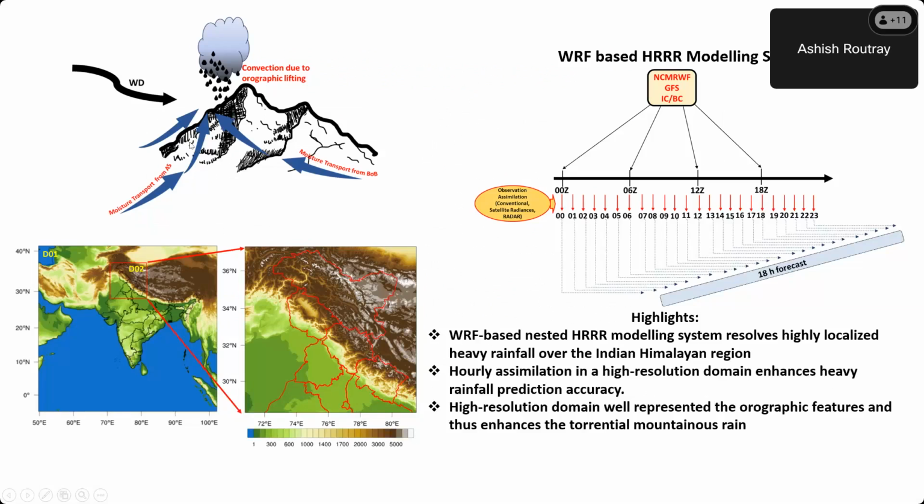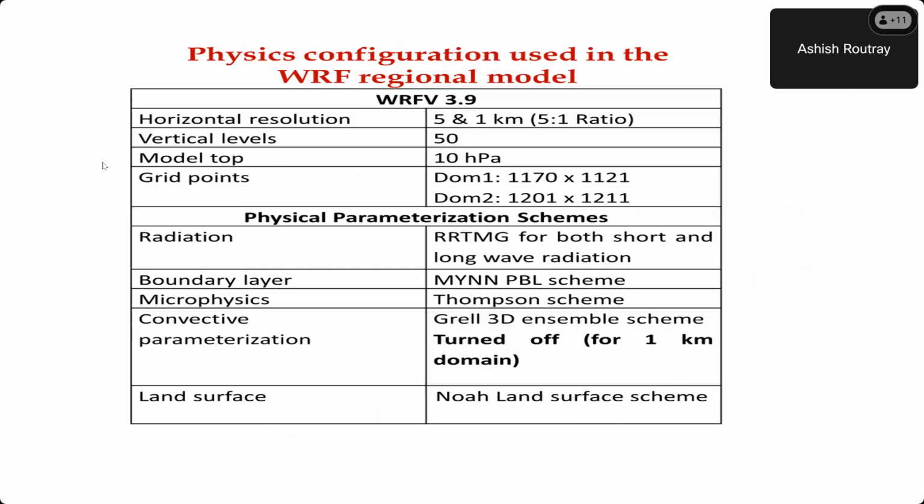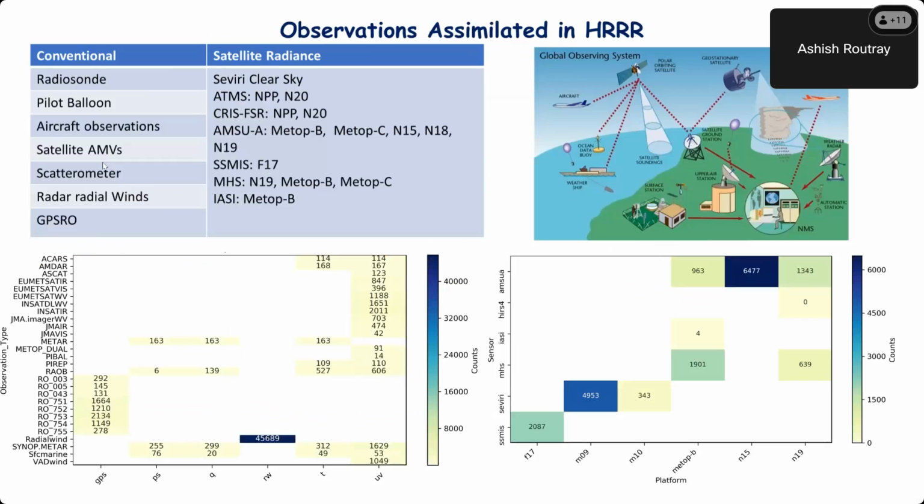It is a very difficult phenomenon, or say physical process or mechanism, over this region. When you have any cloud burst or heavy extreme event here, all the models fail over this region. So we have developed this system with more focus on this region.